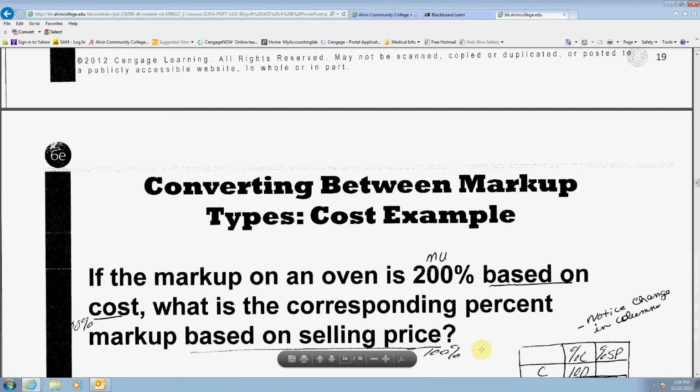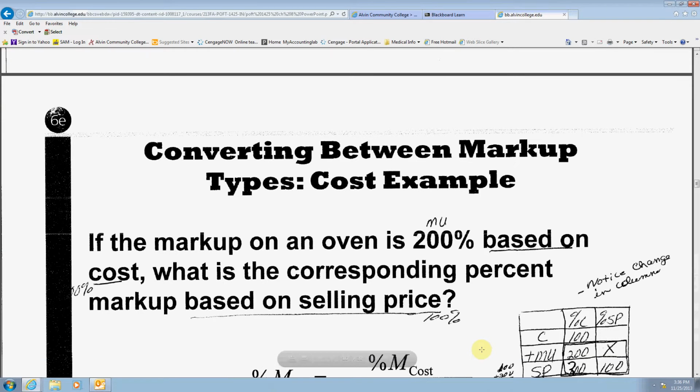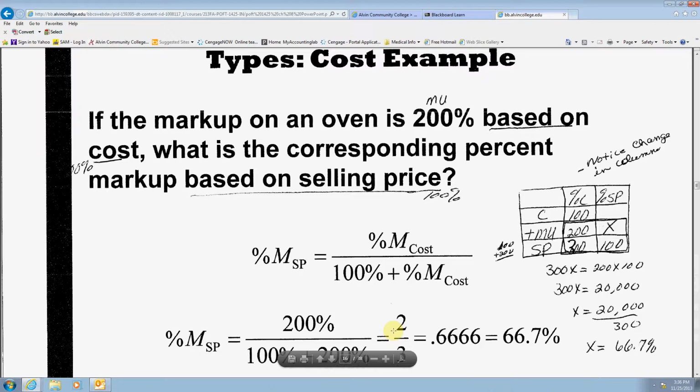This is a cost example. If the markup on an oven is 200% based on cost, what is the corresponding percent markup based on selling price? So our formula is percent of markup on cost divided by 100% plus percent of markup on cost.